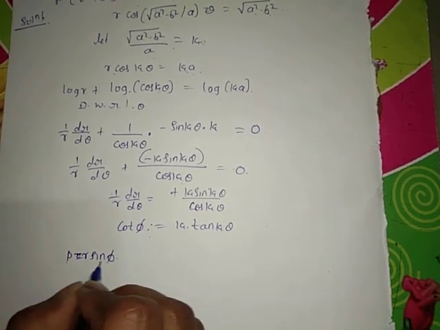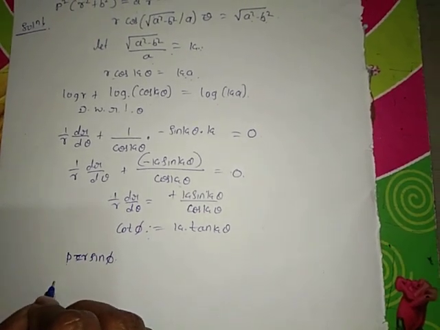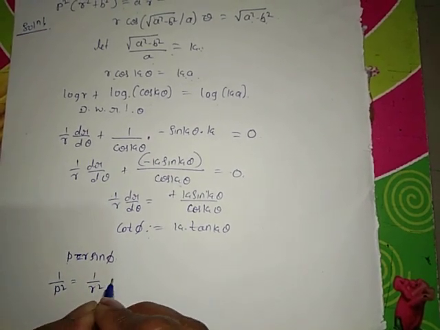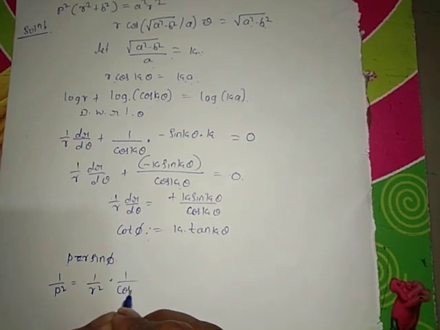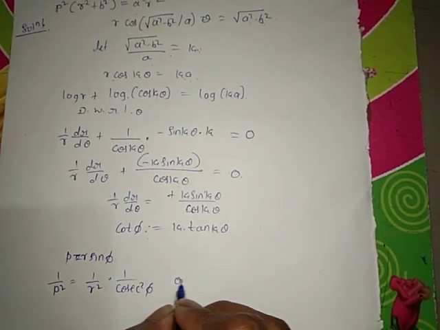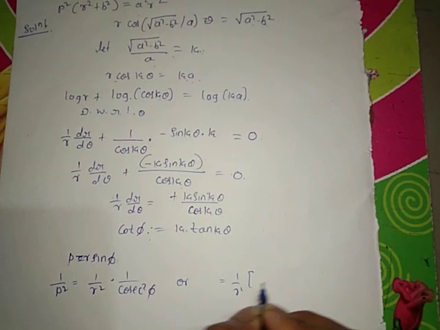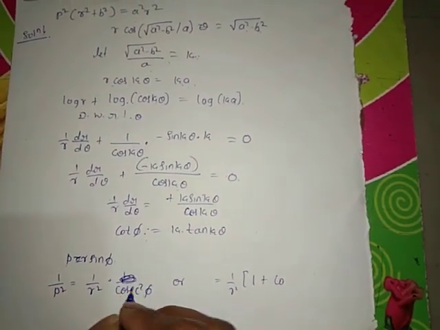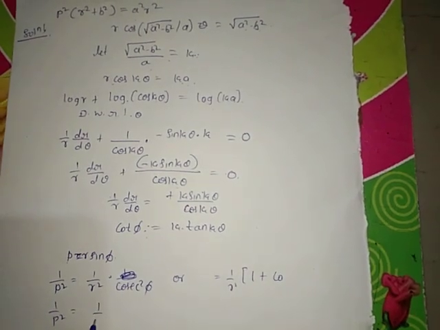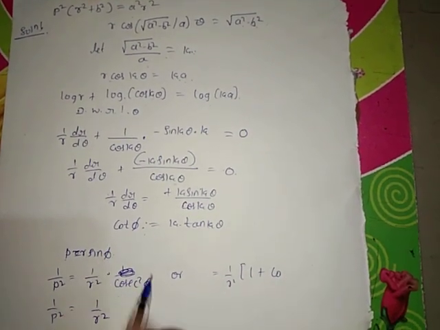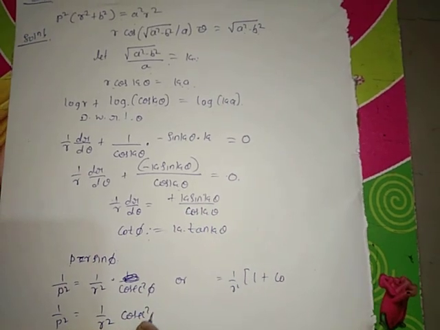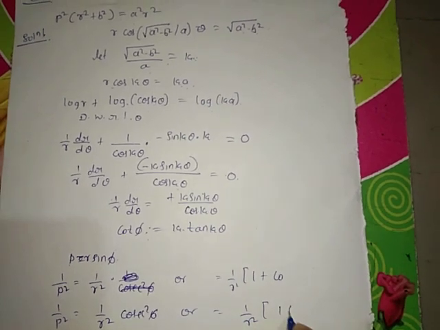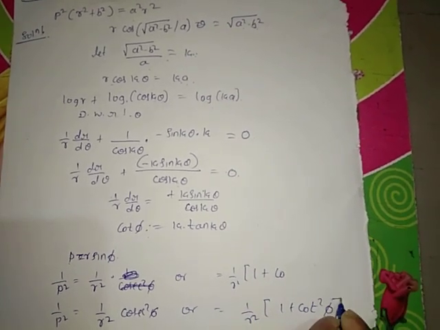Now take the square on both sides and take the reciprocal, we get 1 by p square equal to 1 by r square into 1 by sin square phi, which becomes 1 by r square into cosec square phi.